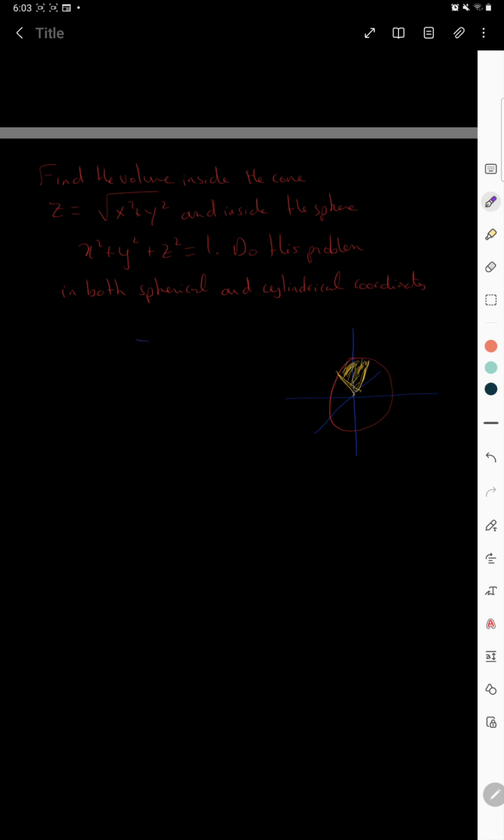So in spherical, let's do this in spherical first, where x is rho sine phi cos theta, y is rho sine phi sine theta, and z is rho cos phi, where of course phi belongs to 0 to pi, and theta belongs to 0 to 2 pi, and rho is positive.